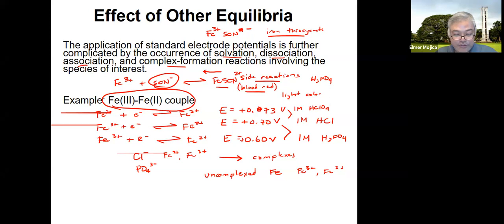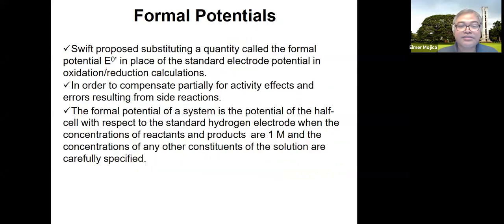Now, to compensate for the activity effects and the errors resulting from these side reactions, just like the examples I have, Ernest Swift in 1939 proposed substituting a quantity and called it the formal potential.